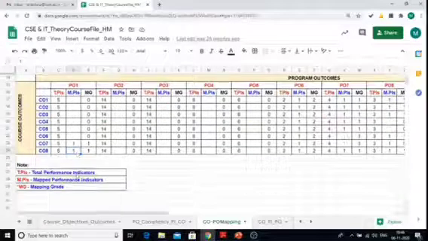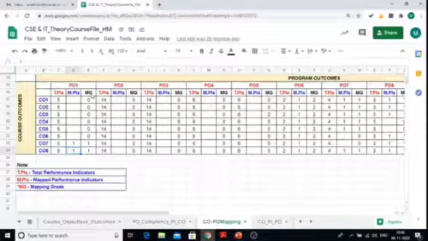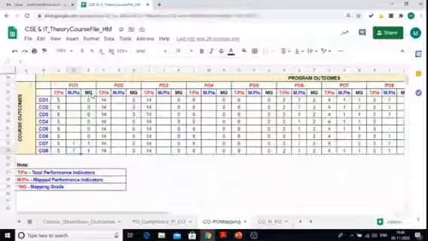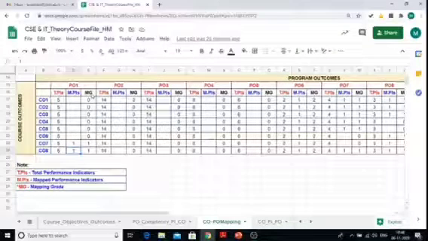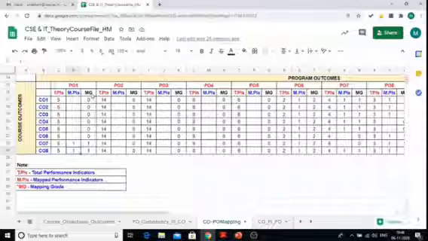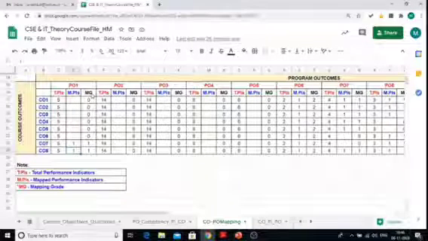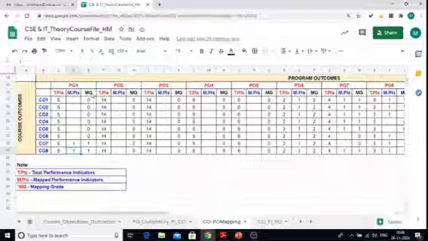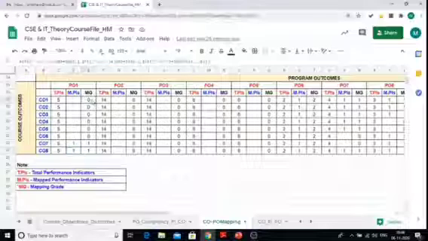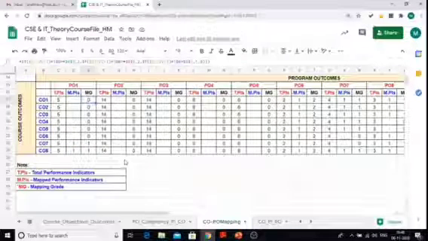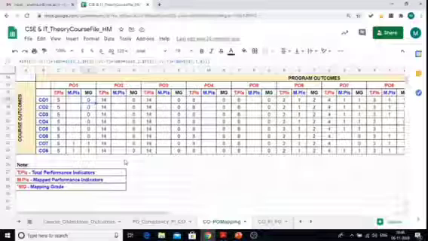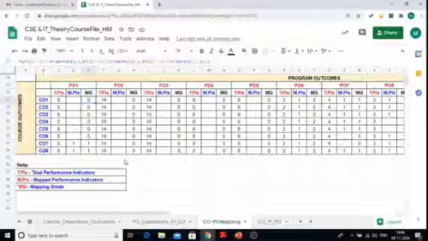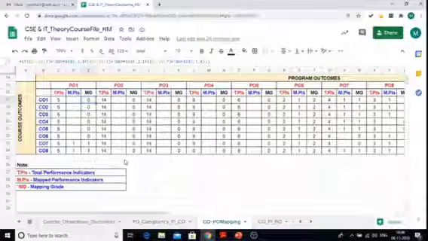Now we have to find the mapping grade, which is MG. This mapping grade is calculated using the ratio between the number of PIs that are mapped with respect to the total number of PIs.